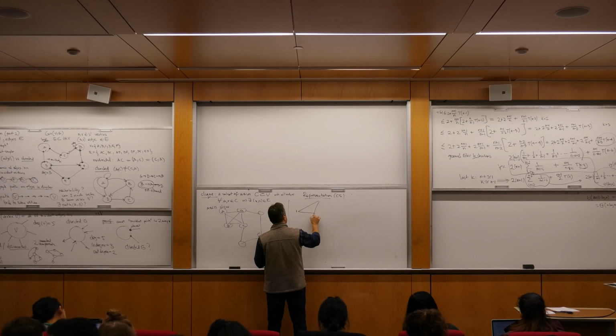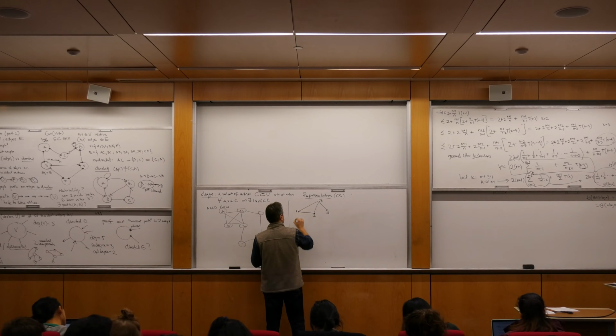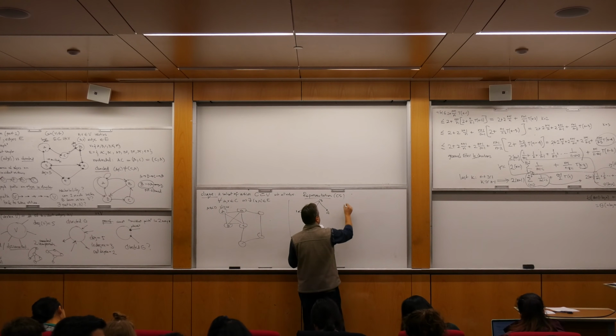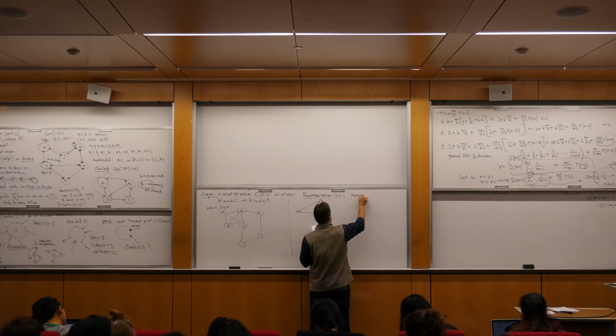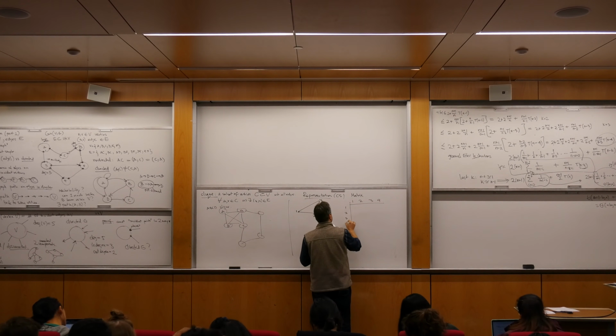Say this is node 1, 2, 3, 4. And I can represent it with a matrix that is 1, 2, 3, 4 by 1, 2, 3, 4.